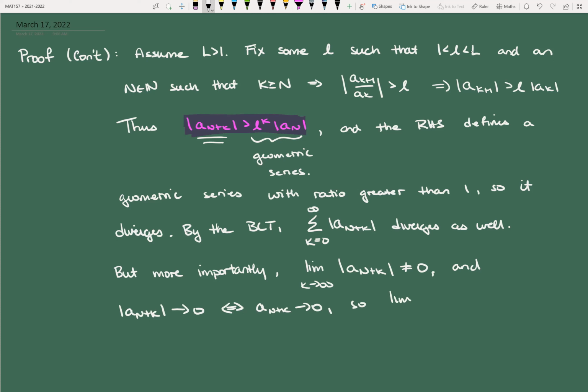So we conclude that the limit is not equal to 0. Thus, this series diverges. Okay, so yeah, emulating the steps that we had before, we were able to get absolute divergence, but absolute divergence isn't good enough.